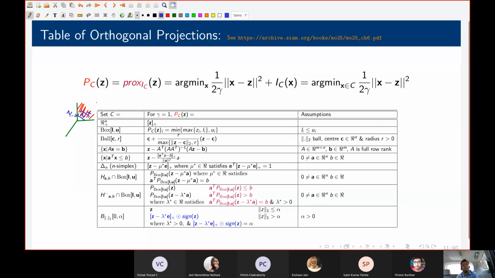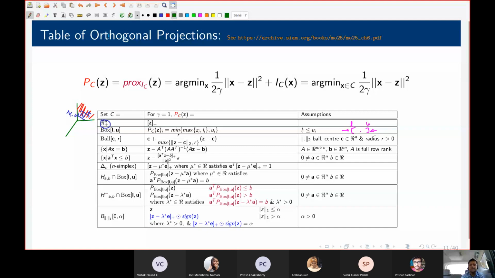On the other hand, a ball, the second case, this is R plus. If you're looking at a ball, I mean, the box is simple, right? Box is basically min max. You're just trying to restrict the point to between L and U. So you just do a shrink basically. If the point is outside on the right hand side of U, you'll pull it to U. If the point is on the left hand side of L, you pull it to L. If the point is inside, leave it as it is. Same thing with ball. The logic is very similar, right?